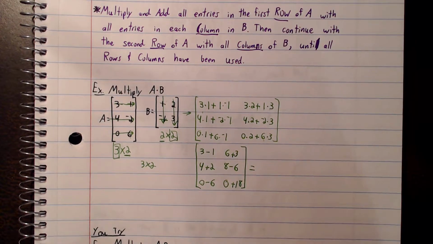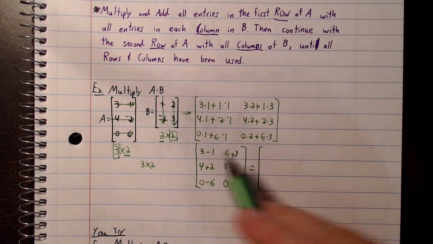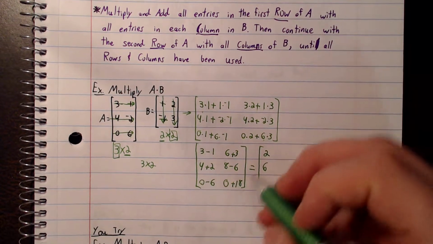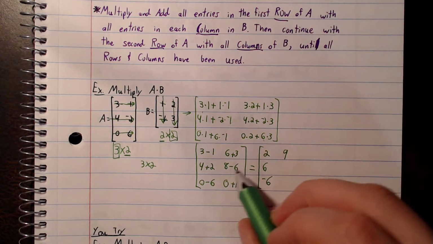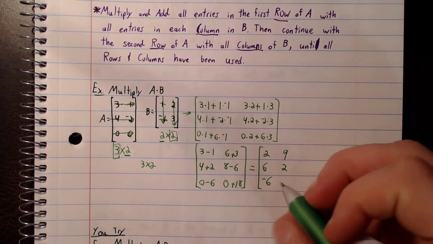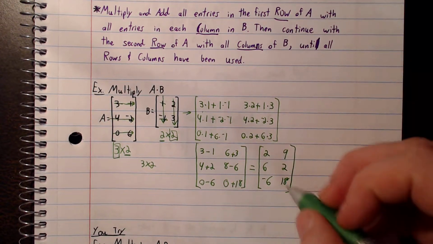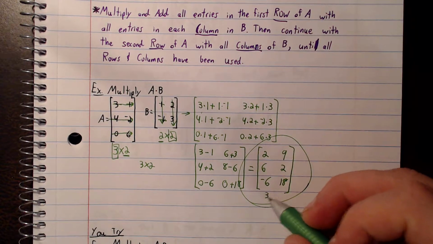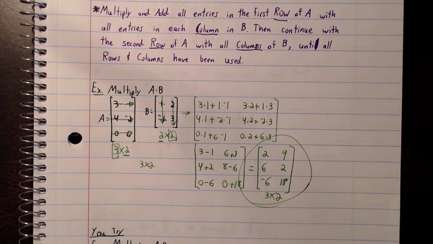And now we just combine whatever these terms are. 3 minus 1 for this first term. 4 plus 2. 0 minus 6. 6 plus 3. 8 minus 6. And 0 plus 18 gives us the resulting matrix, which was 3 by 2, just like we expect it to be.